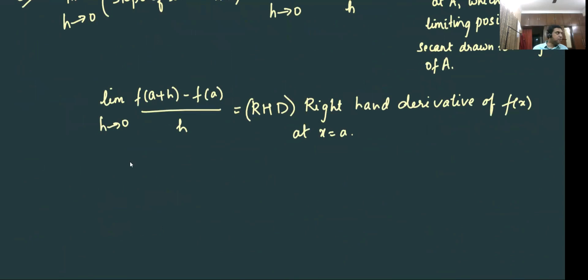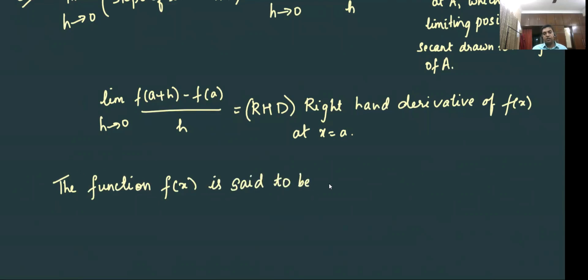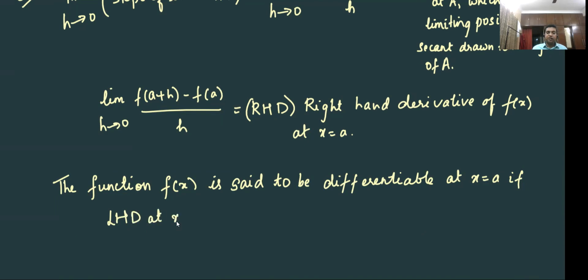Now, the function f of x is said to be differentiable at x equal to a if the left hand derivative at a is equal to the right hand derivative at x equal to a.